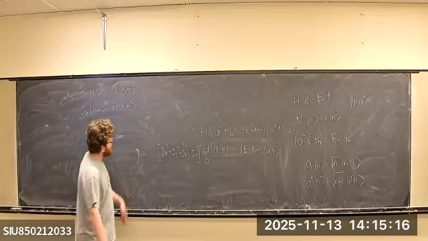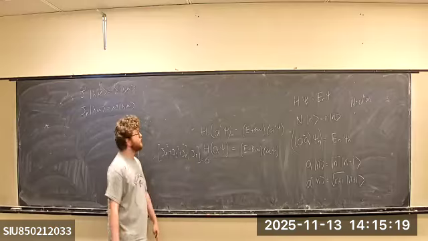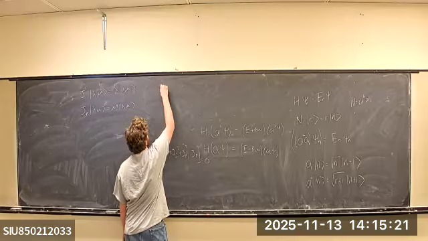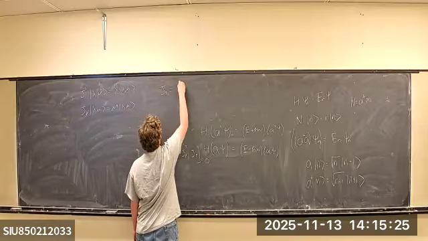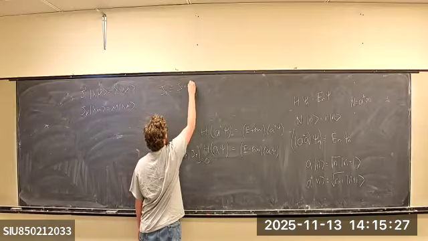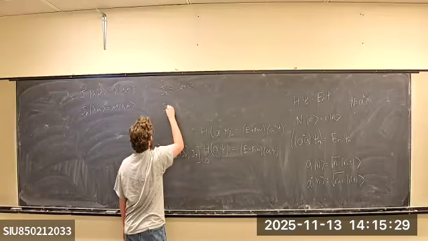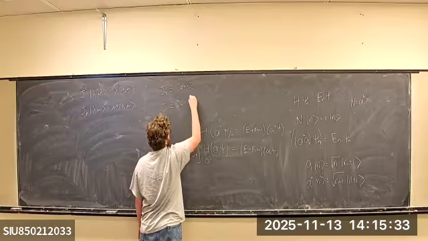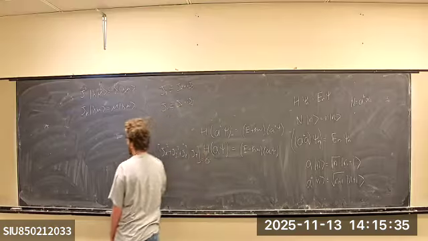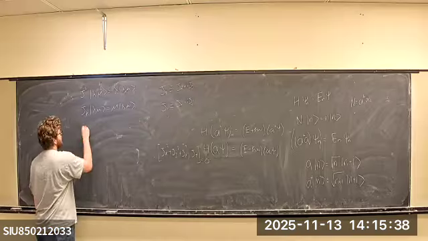Another thing that's convenient from this algebraic structure is that I can compose ladder operators. J plus, I'll define as Jx plus i Jy. J minus, I'll define as Jx minus i Jy. And they act in the following way.